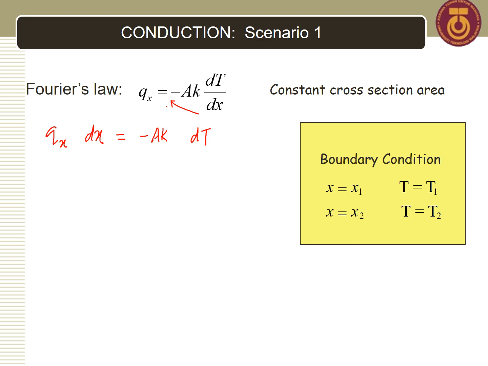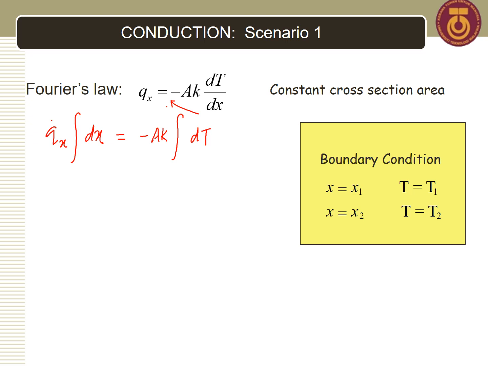Then in order to solve this, we need to do integration. Why did I put Qx outside? Because you still remember we are considering the system under steady state. Under steady state, the heat transfer rate within the system is constant, so we put it outside.